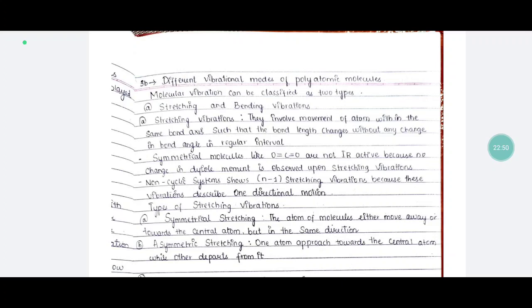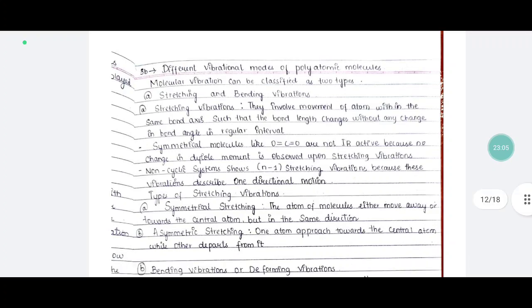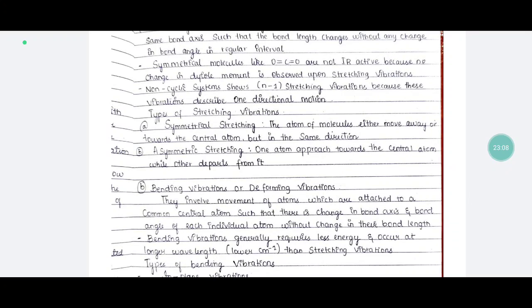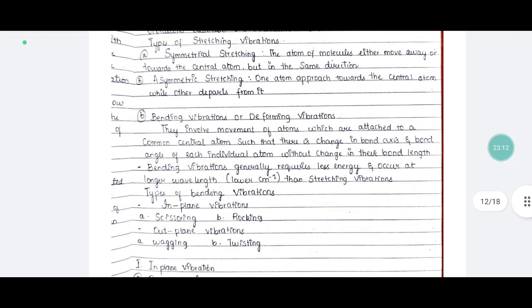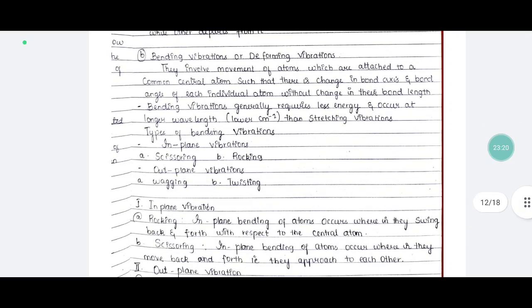In symmetrical stretching, the atoms of the molecule either move away from or towards the central atom in the same direction, but in asymmetrical stretching, one atom moves towards the central atom while the other departs from it. The bending vibration or deforming vibration has types: scissoring, rocking, out-of-plane vibration, wagging and twisting.